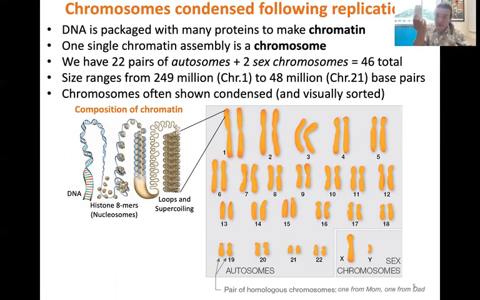More importantly, when the DNA is tightly condensed, like the rods that you see on the screen here, this makes it much easier for the cell to take two copies of the same chromosome. This is now chromosome 1, and you have two copies of it. This makes it a lot easier to carefully divide these up so that each of the daughter cells can get a copy of the chromosome.